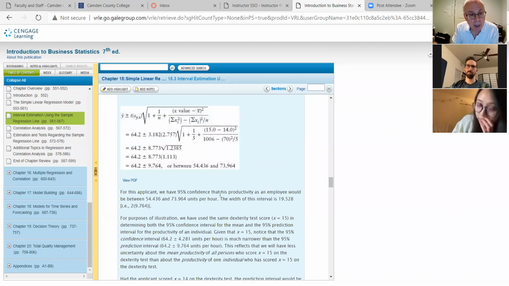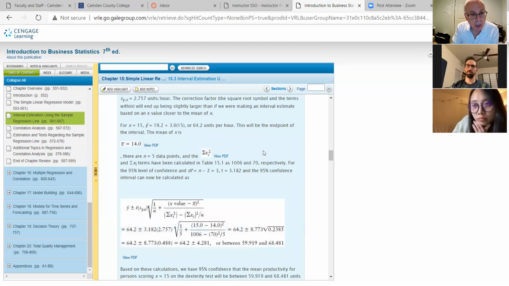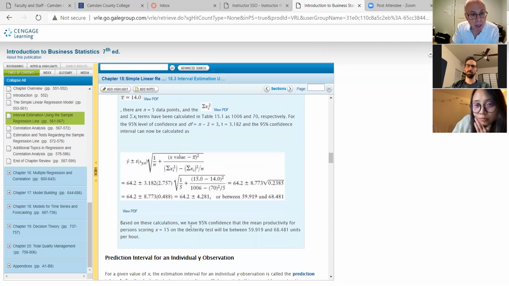All right. So let's look at the interpretation for the previous formula. This here. It says, based on these calculations, we have 95% confidence. They forgot the word confidence. That the mean productivity per person scoring 15 on the dexterity test will be between 59.919 and 68.481 units per hour.